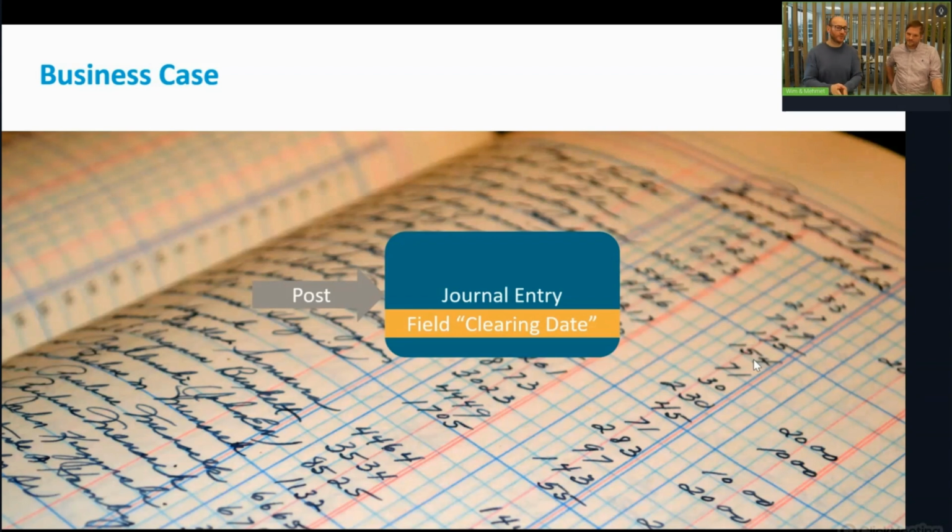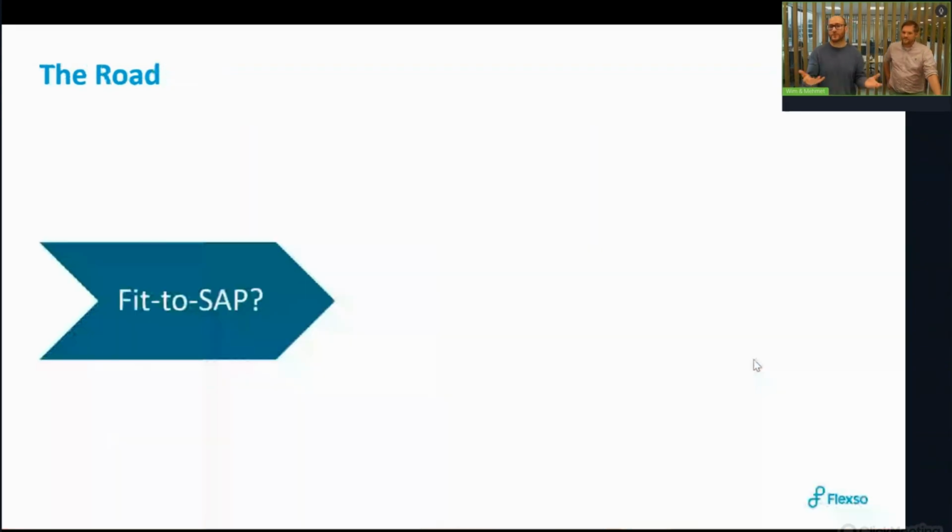So the first step was for a functional colleague to analyze the issue and discuss with the business whether there was a way to solve it using the fit to standard approach. Unfortunately, in this case, that was not possible. So he came back and discussed it with us, but even after pushback from the developers, this was still a requirement that was really necessary. So we went ahead with our development.